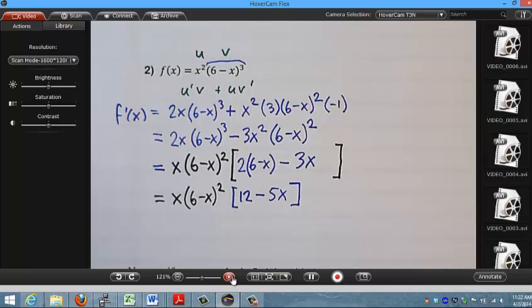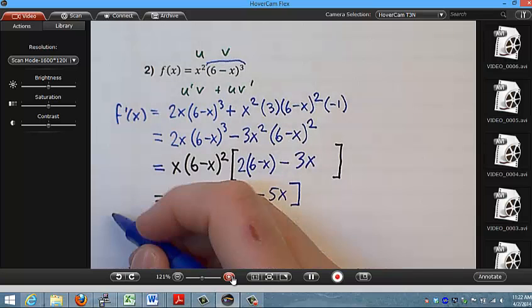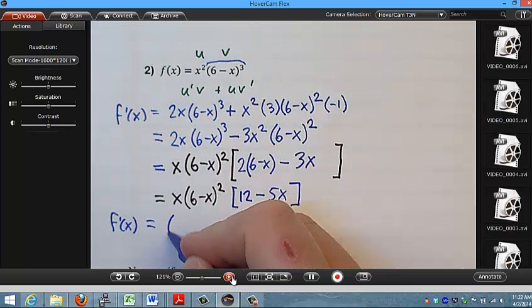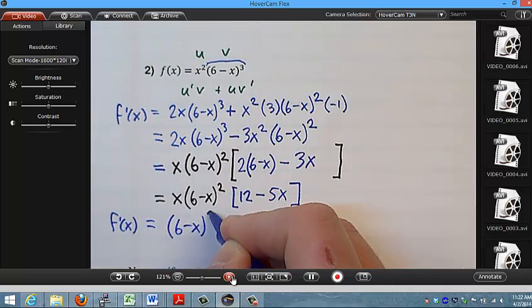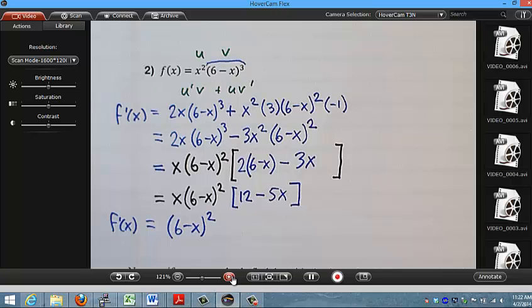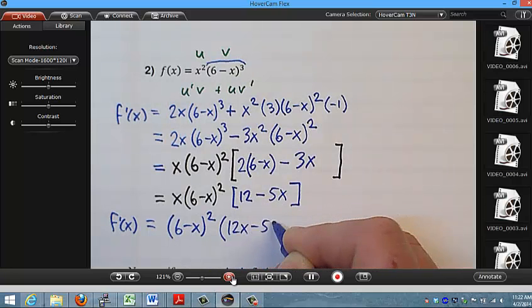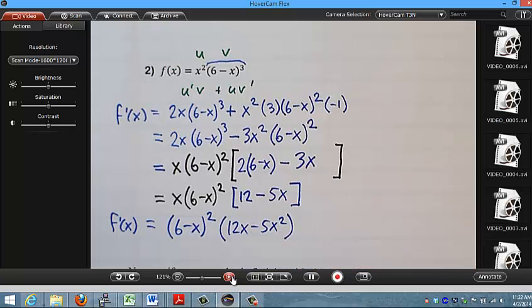All right. So what if I said to you that the first derivative is actually just 6 minus x quantity squared. I'm going to distribute that x through this other piece. 12x minus 5x squared. Right?